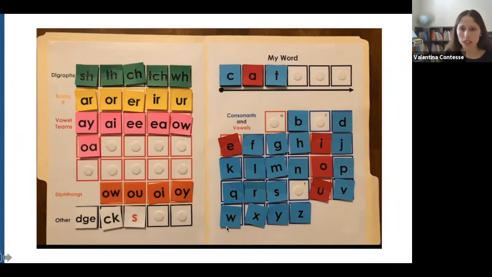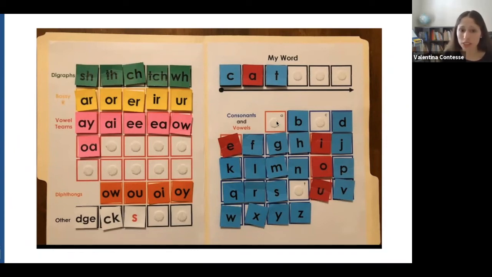I did want to point out this version of the printable word work mat does have the vowels in red, again just for organizational purposes, but we do have an option on the printable. The last page allows you to print it just in blue if your students are in kindergarten and first grade and still mastering letter recognition.